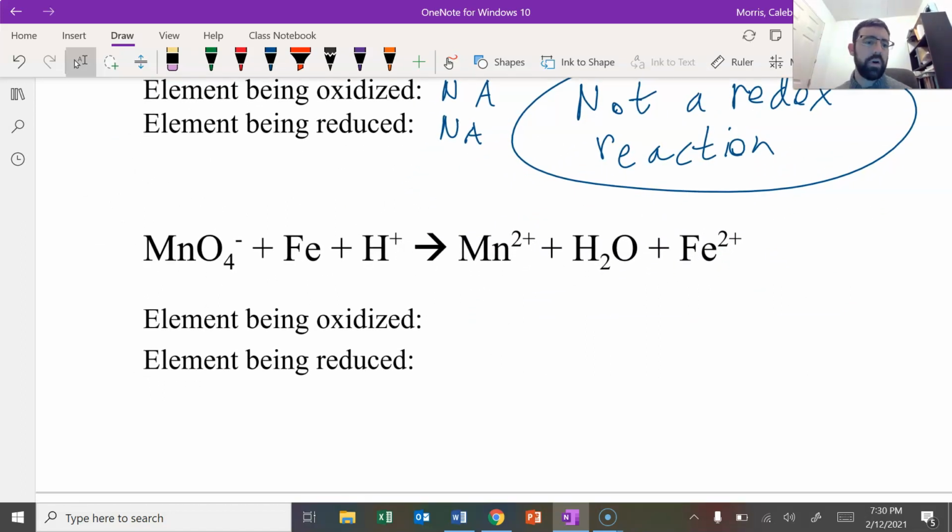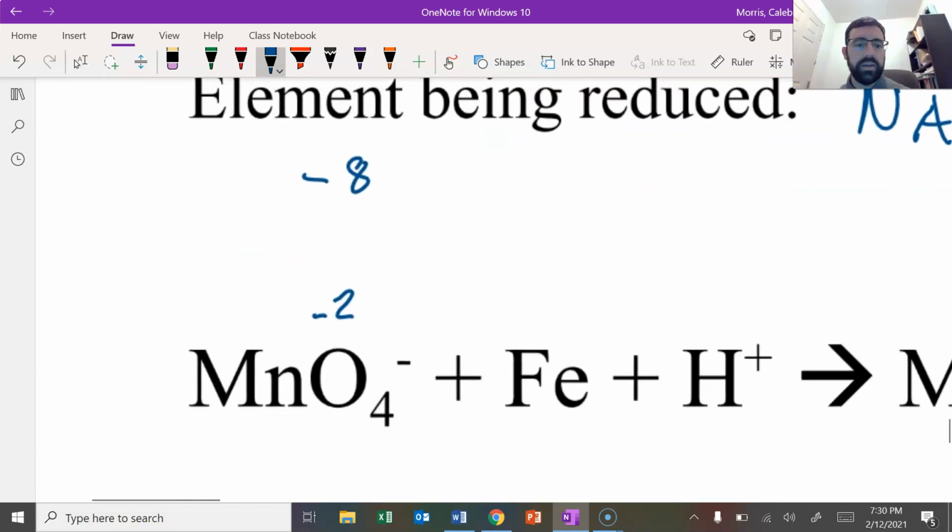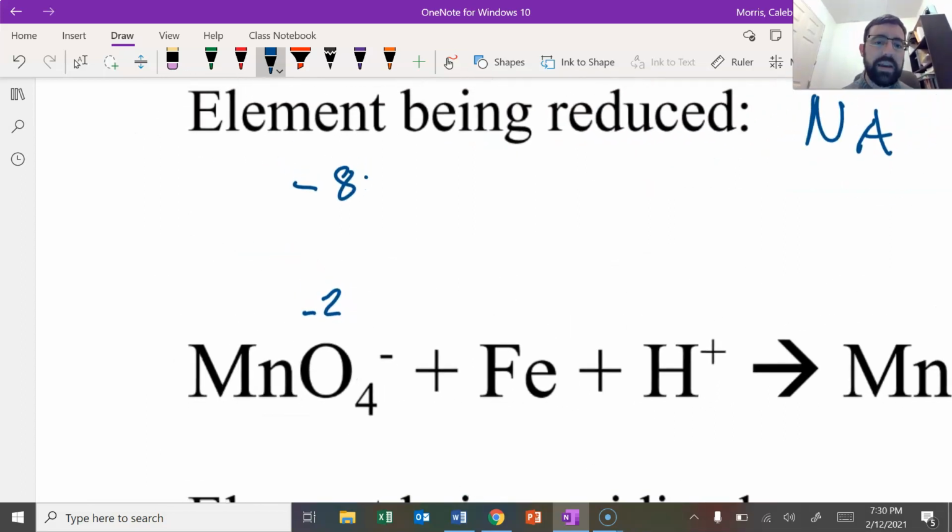All right, MnO4-. Pay attention to those signs. Start with -2 charge for oxygen. 4 times -2 gives me -8. I'm going to do that math up here. It needs to add up to be, remember to check that -1 sign right here. And then manganese is my unknown, right?